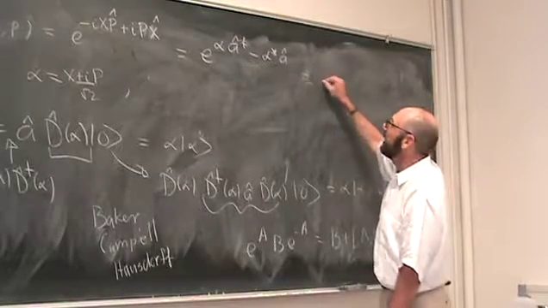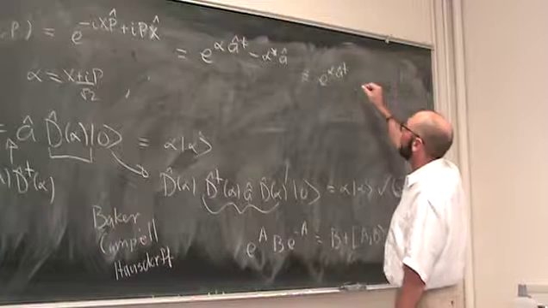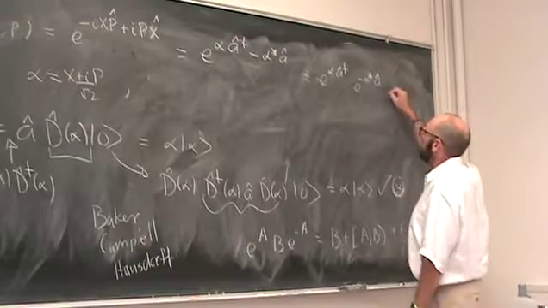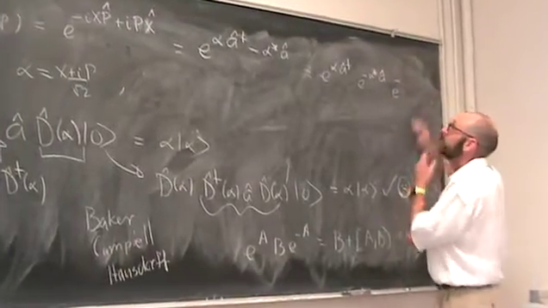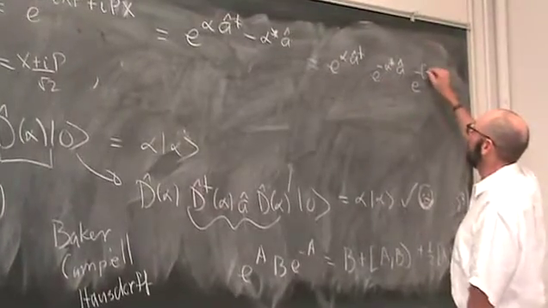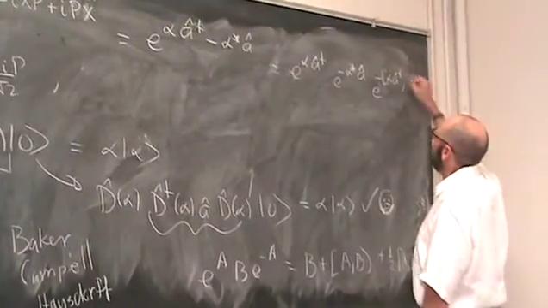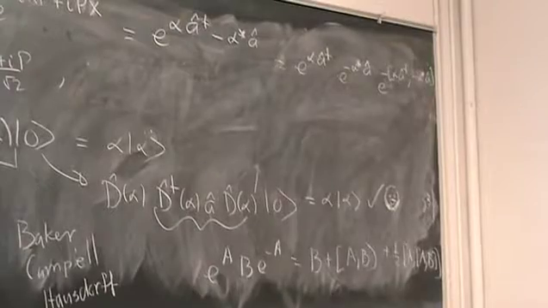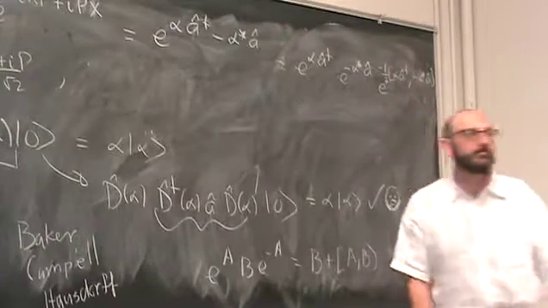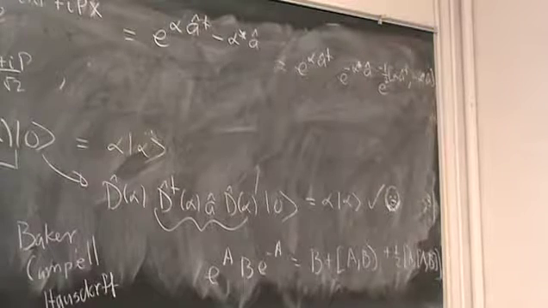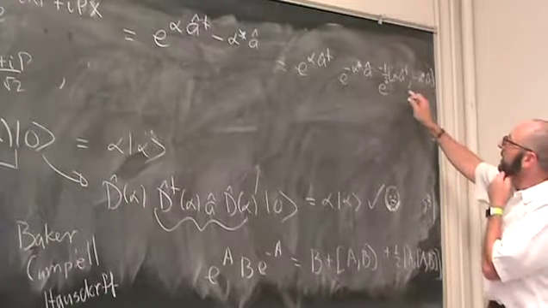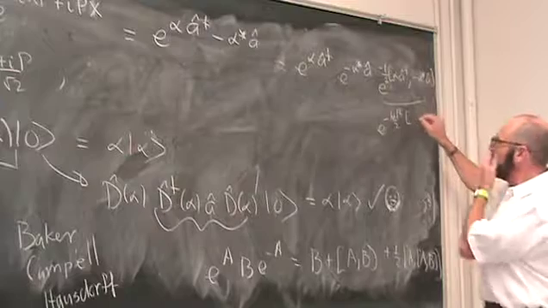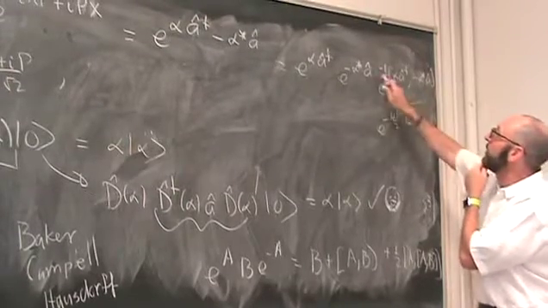So this thing equals e to the alpha A dagger e to the minus alpha star A times e to the minus a half of the commutator of alpha A dagger with minus alpha star A. And this is equal to e to the minus alpha squared over 2, the commutator, I got it backwards, and there's no minus sign there.